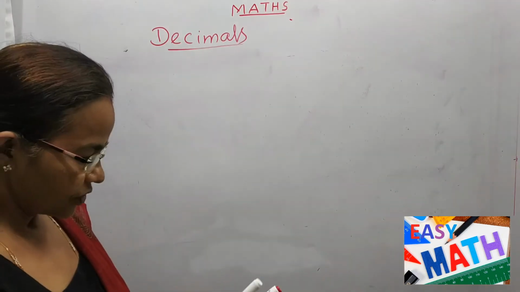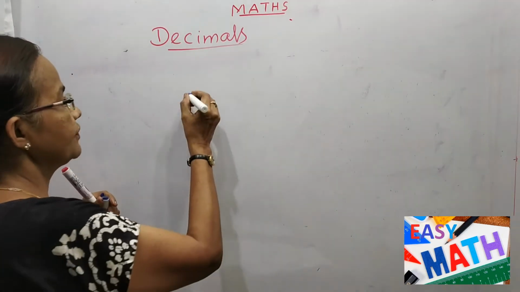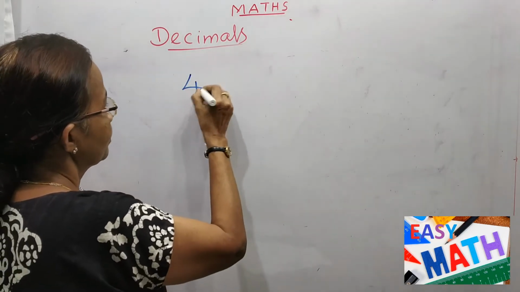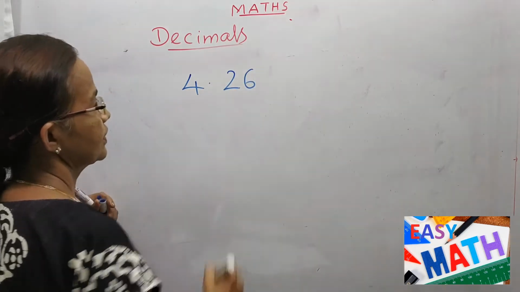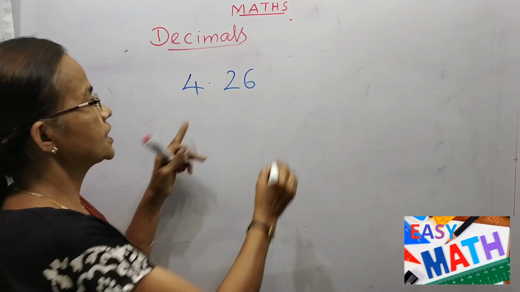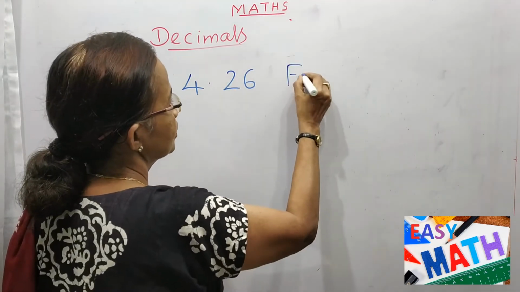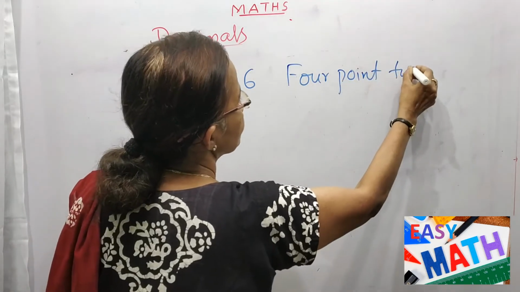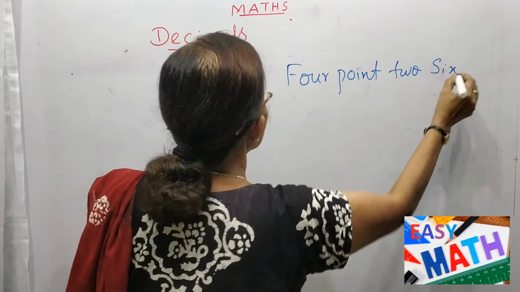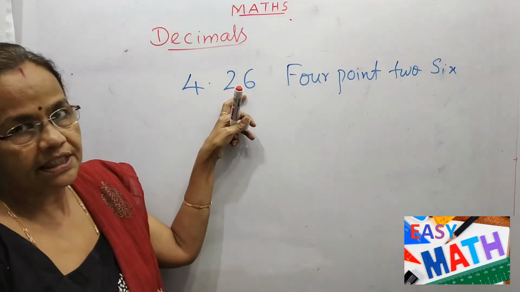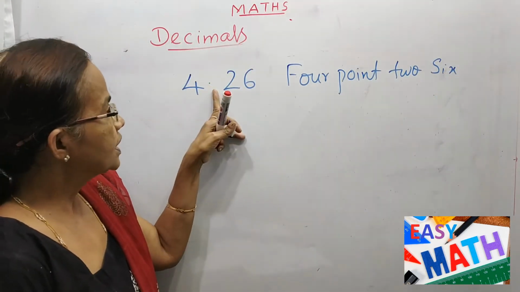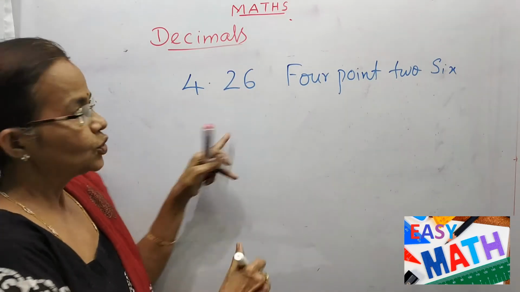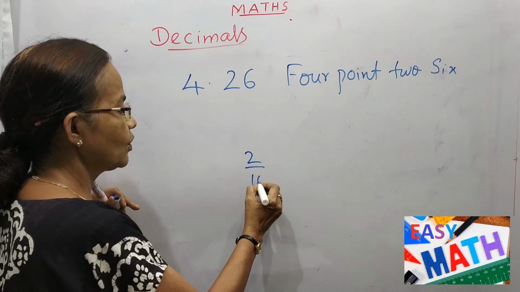So next, how can we read and write the number name? See, 4.26. How can we write the number name? Children, here we cannot say 4.26 as in whole numbers, because 0.2 means the tenth place, 2 by 10, which means 10 equal parts, 2 parts.